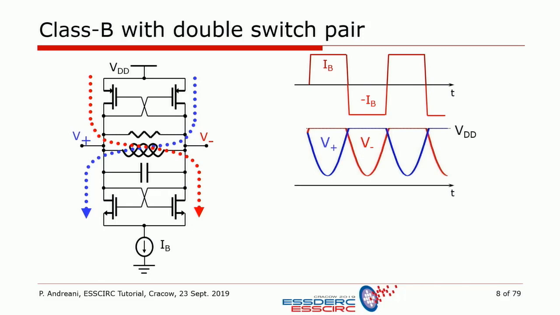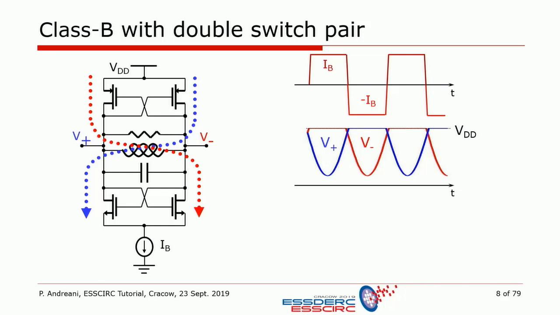Notice though that in this case, the oscillations are not purely sinusoidal. Because when the one PMOS transistor is on, then the respective output gets stuck to VDD. And it's only when this transistor goes off that the oscillation is released.